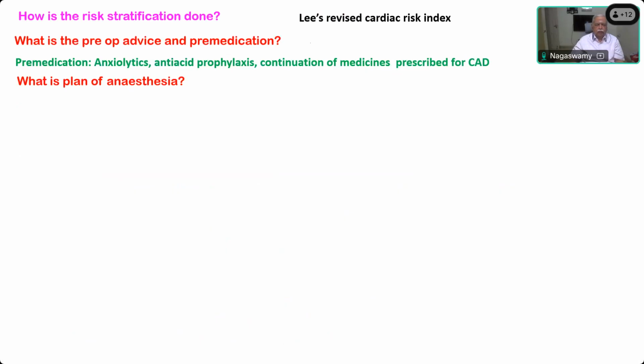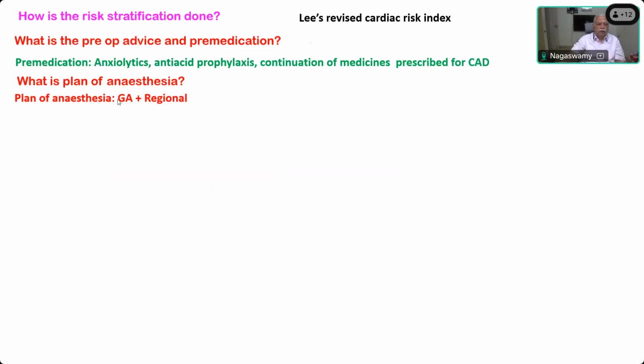What should be the preload? What should be the afterload? What should be the contractility? What should be the rate? What should be the rhythm? And how to avoid intraoperative ischemia? These 6 points you have to always keep in mind, even though you don't tell this mnemonic in the examination. This is the way you practice to present, so that you will know how to manage this case.